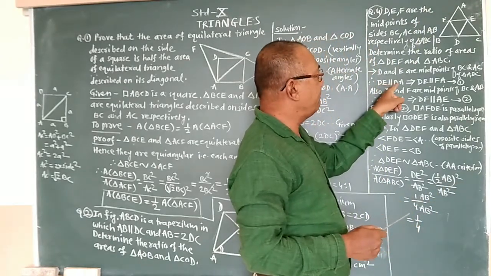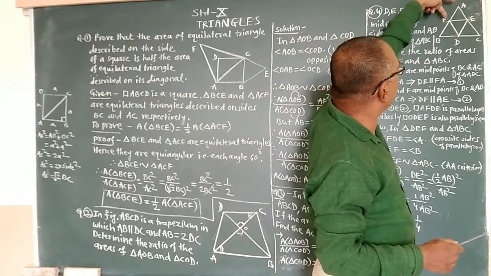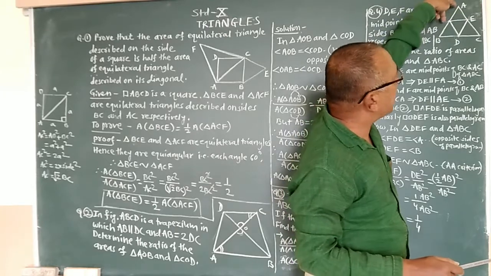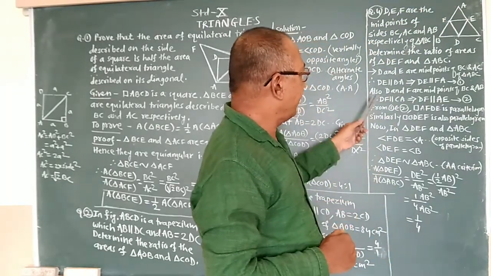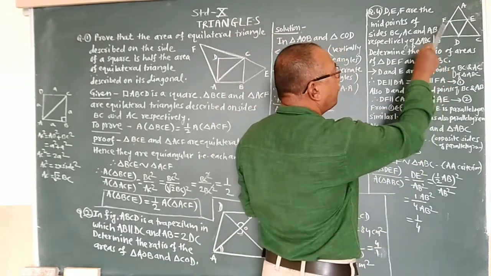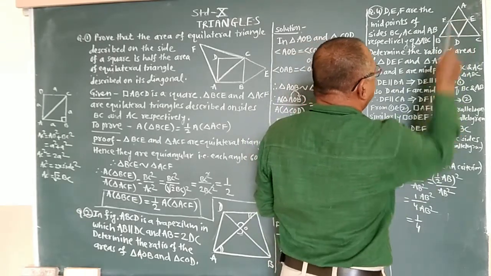So DE parallel to AB implies DE is parallel to FA. Similarly, D and F are the midpoints of sides BC and AB.